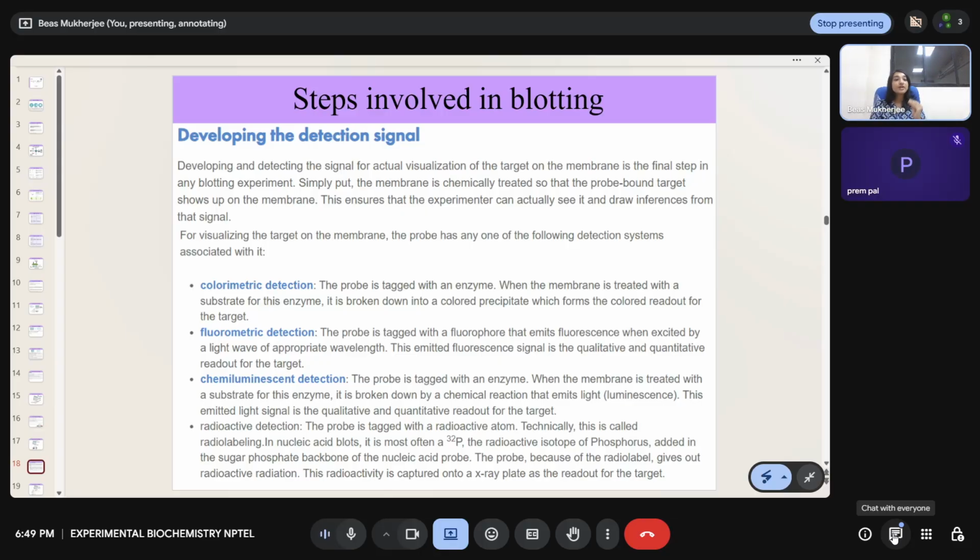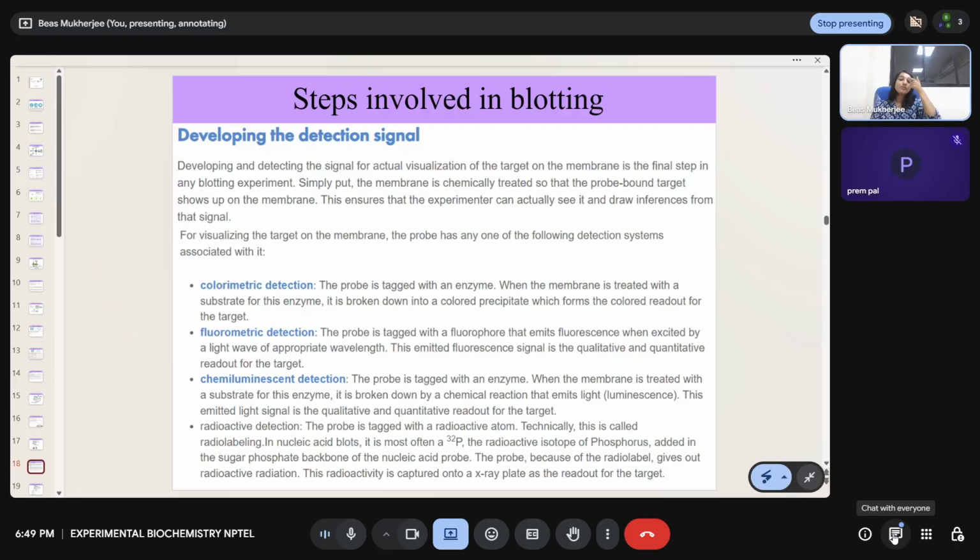Fluorimetric detection. Here what happens, the probe is tagged with a fluorophore that emits fluorescence when excited by light wave of appropriate wavelength. The emitted fluorescence signal is the qualitative and quantitative readout of the target. Now we come to chemiluminescence. In Western blot, this is also often used.